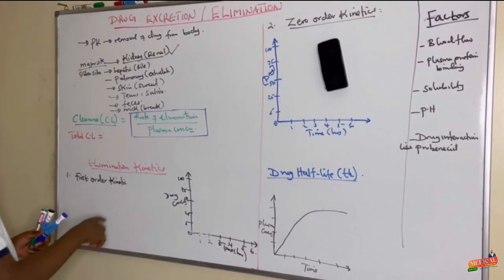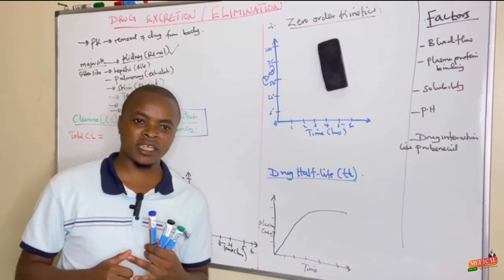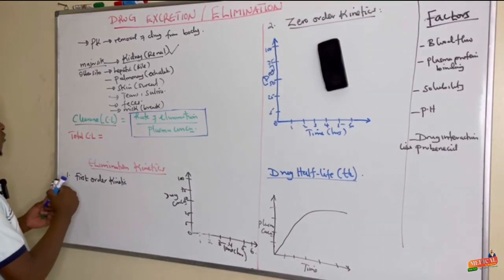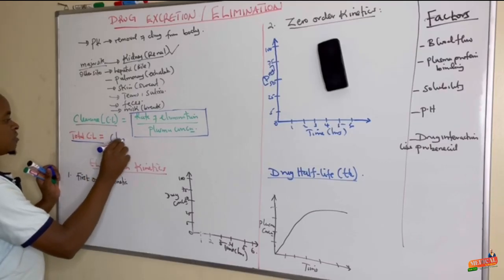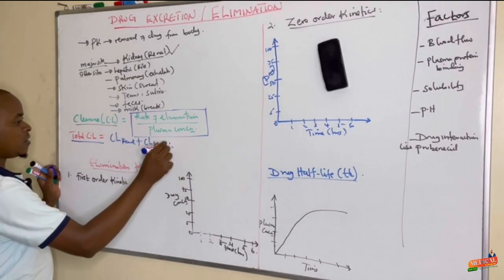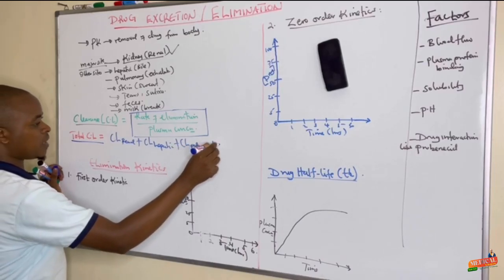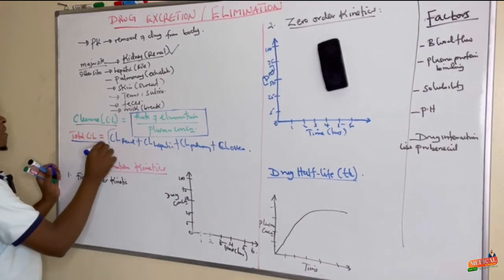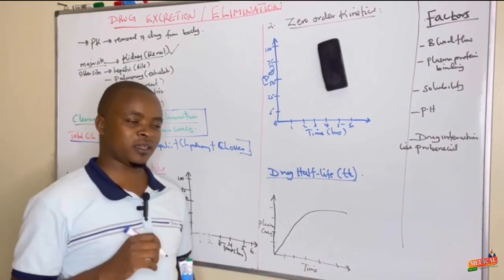You can get clearance for the renal, for the kidney, for the liver, for the skin, and we can use it to calculate what we call total clearance, whereby total drug clearance is clearance of the renal plus clearance of the hepatic, that is liver, plus clearance of pulmonary, that is through lungs, plus clearance of other sites. So when you sum up the clearance through all the sites, we get total drug clearance.